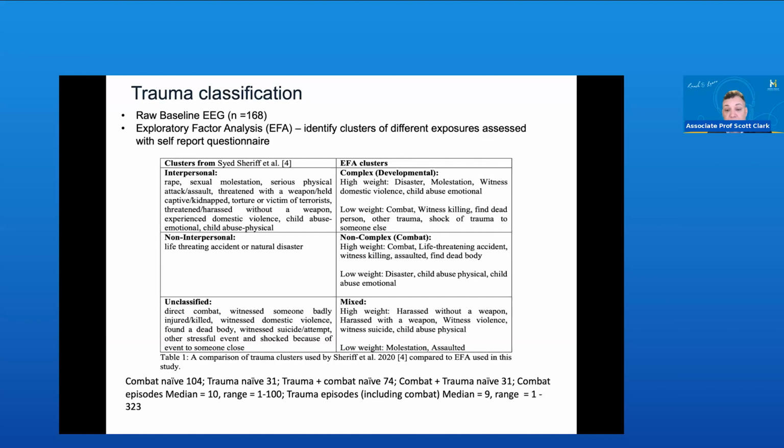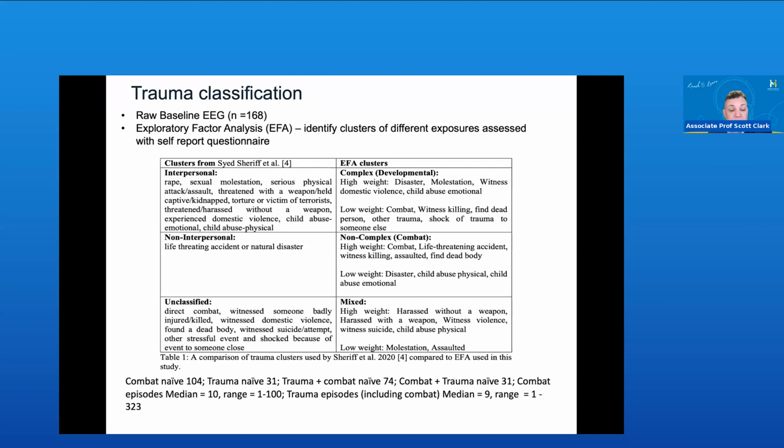So using these clusters, we actually had a well stratified sample. We had 104 that were combat naive, 31 that were trauma naive altogether, 74 that were both trauma and combat naive, and 31 that were combat naive as well.